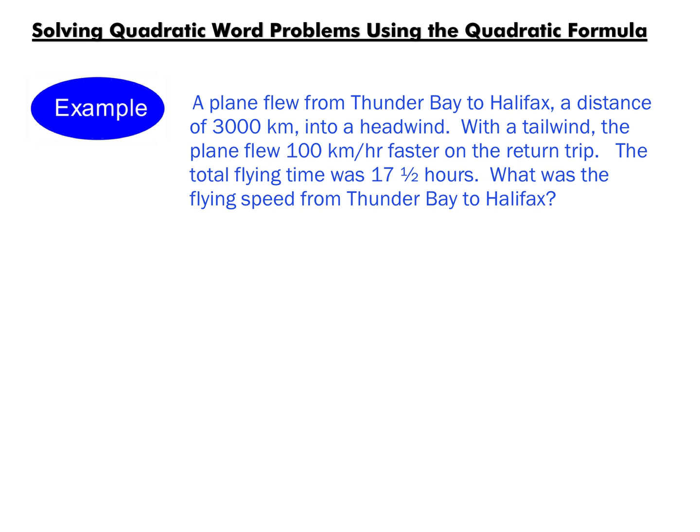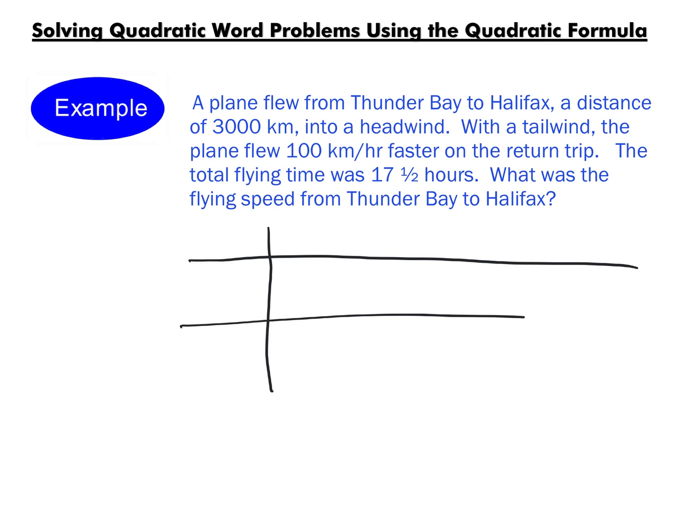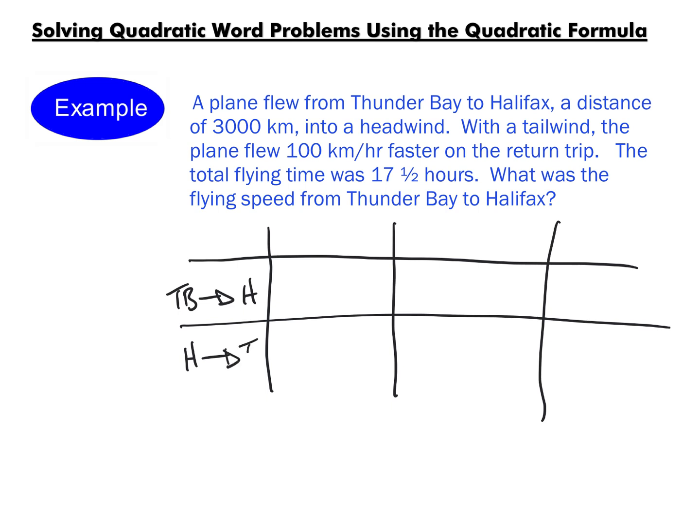So this is a chart question. Make a chart. The chart takes the place of your let statements. So we have from Thunder Bay to Halifax, Halifax to Thunder Bay.